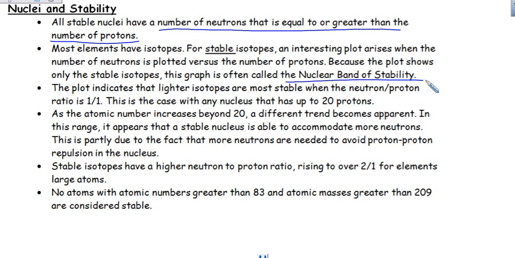We're going to look at graphing the number of neutrons in these stable isotopes versus the number of protons. And we get some interesting trends when we look at this graph, this band of stability. The graph will show that lighter atoms or lighter isotopes are most stable when that proton-neutron ratio is really close to 1:1.